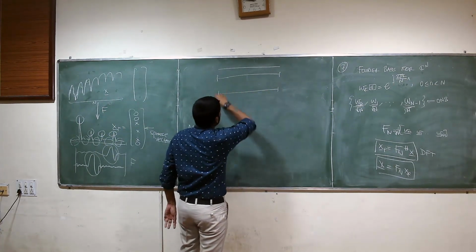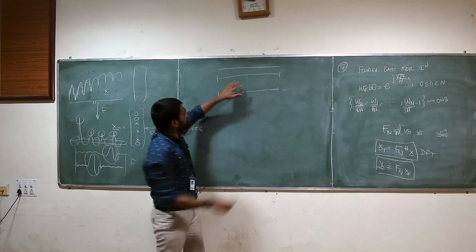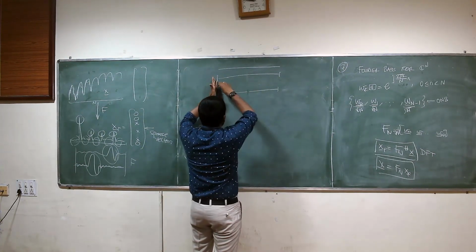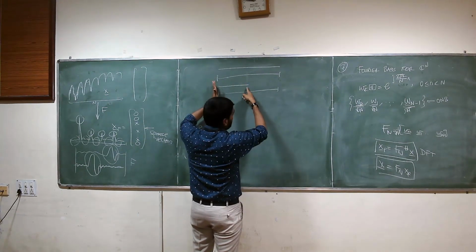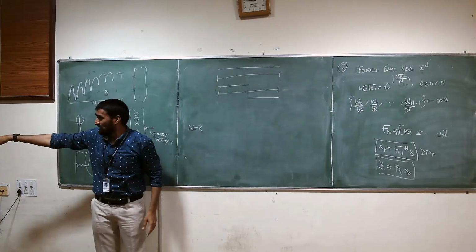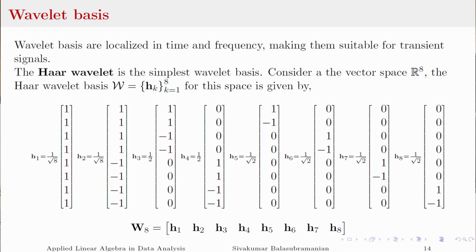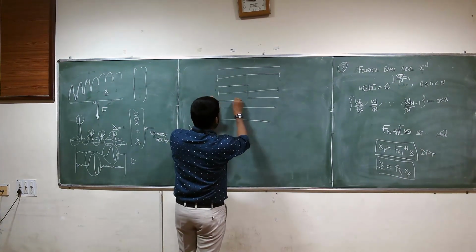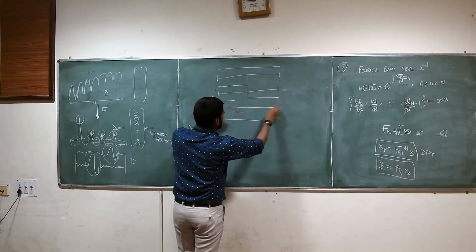For the second one, you take your entire time duration, divide it into halves, and make the first half plus 1 and the next half minus 1. That's your second basis vector. For the next two, you take this and you make this, and the rest of it is 0.